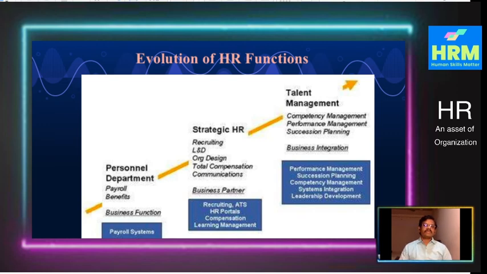In the early stage, the functions were confined to welfare and compensation. That is called the personnel department. Later it advanced and emerged as strategic HR functions. And at present, it is talent management, competency management, and competency mapping. So all these are the latest trends in the human resource management function.